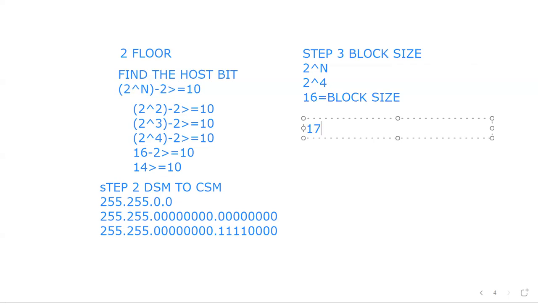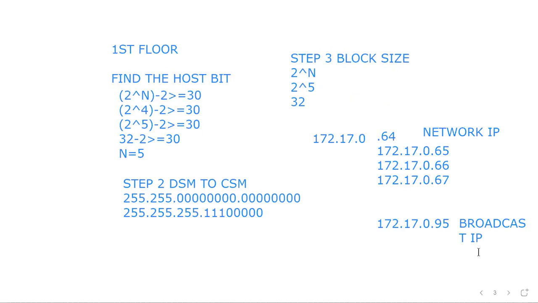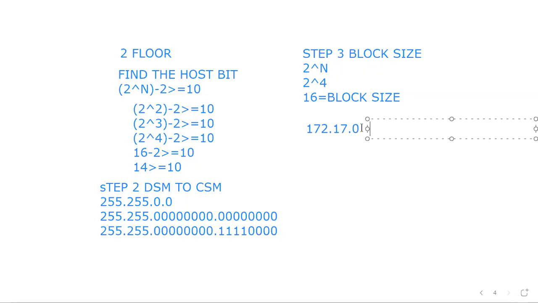So the IP of the second floor is 172.17.0. Last IP is 95, so here dot 96 is our network IP.